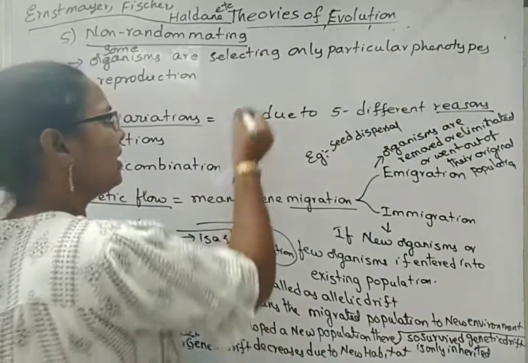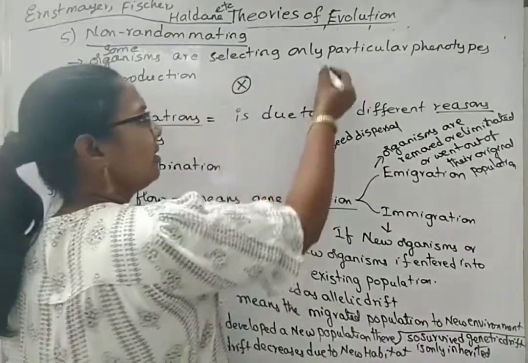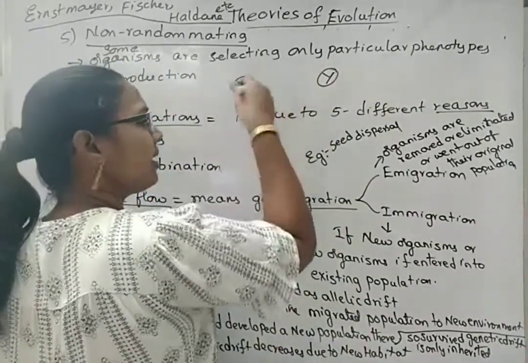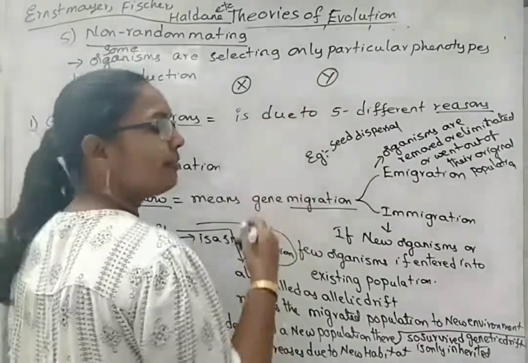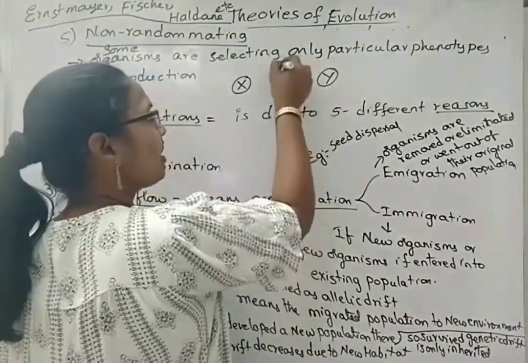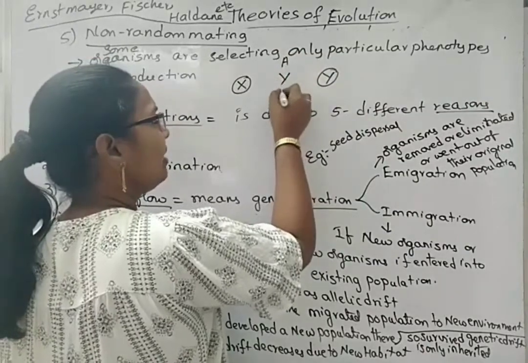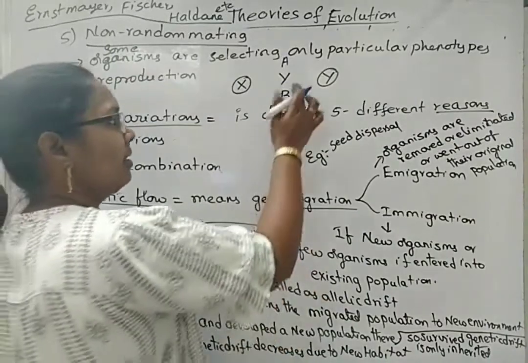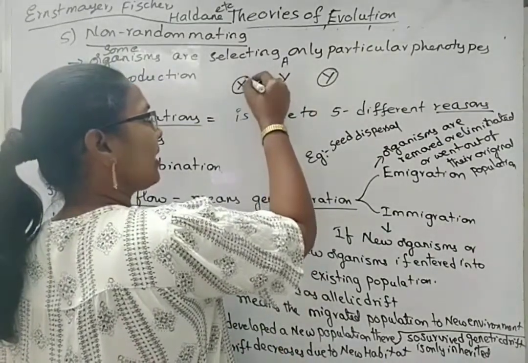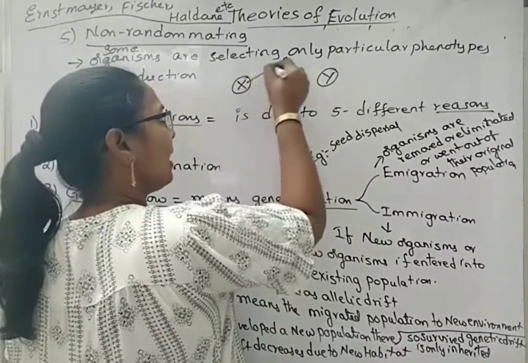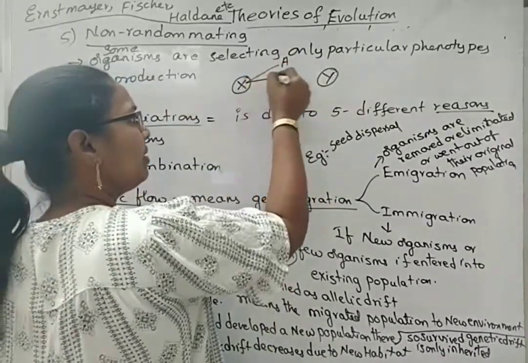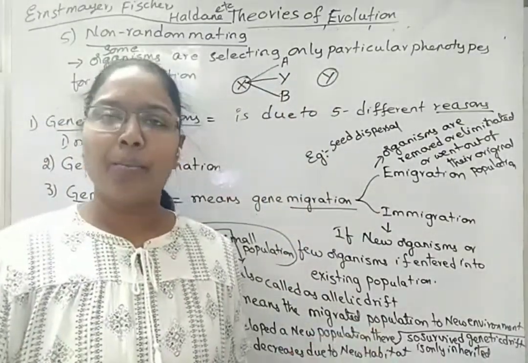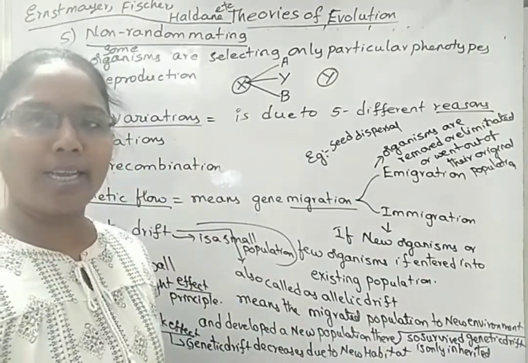For suppose there is a bird called X, and a bird called Y. There are other types of organisms also which are phenotypically different from X and Y. Suppose there are X, Y and B. So X is a type showing random mating, meaning it is able to mate with A type, Y type, or B type of bird, so there will be more increase of population in that random mating organism.